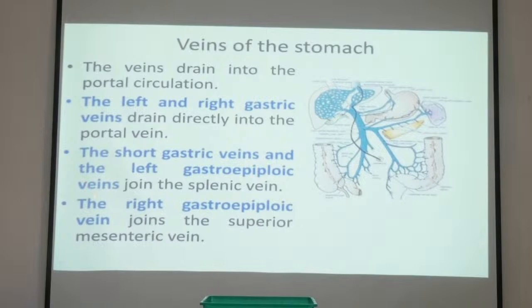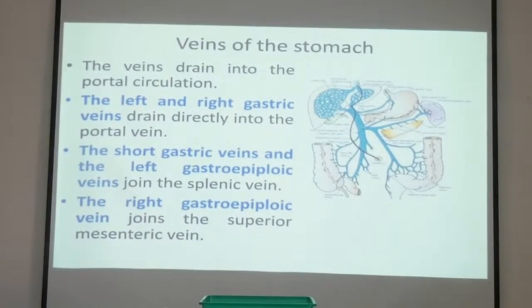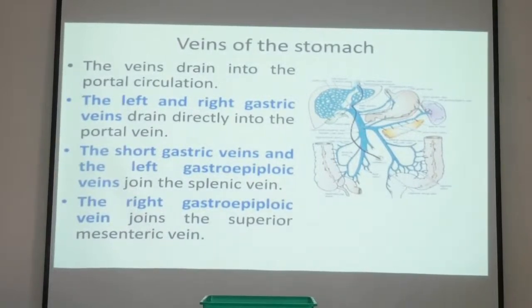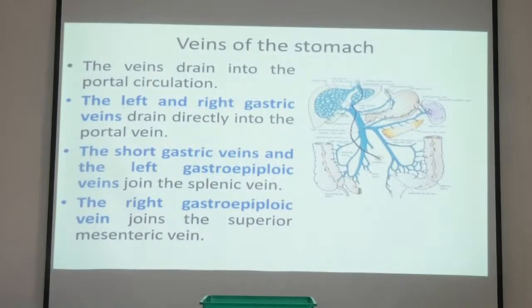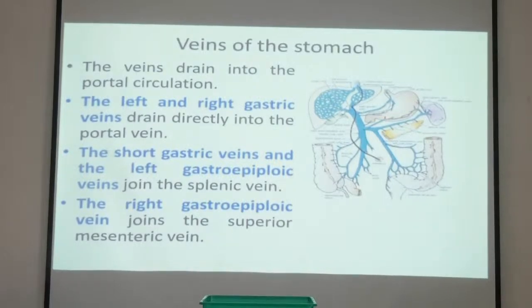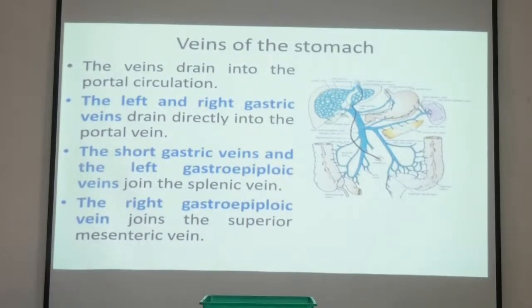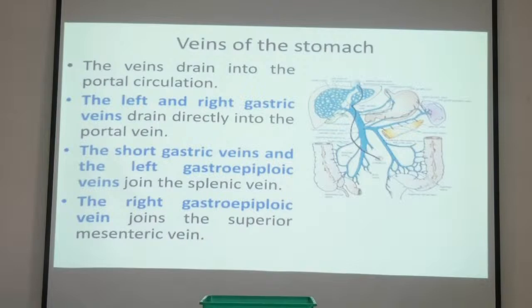Short gastric veins and left gastroepiploic veins join the splenic vein. And right gastroepiploic vein joins the superior mesenteric vein. Here you can see right gastroepiploic vein join the superior mesenteric vein.